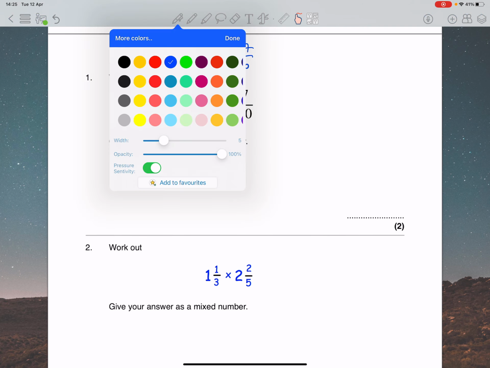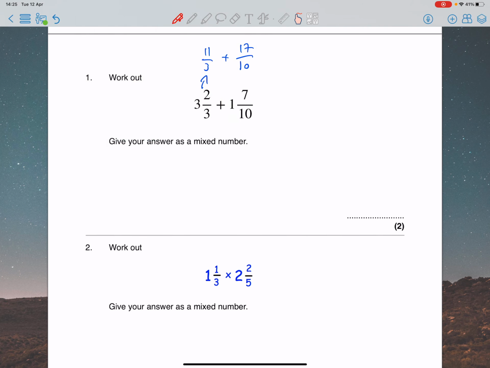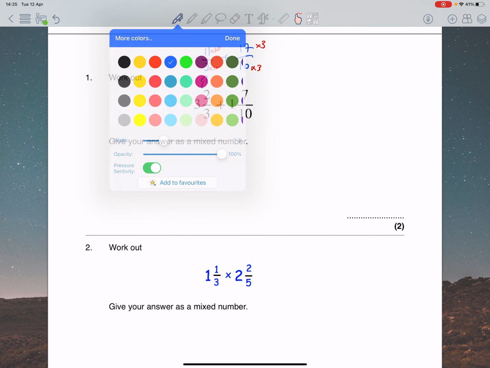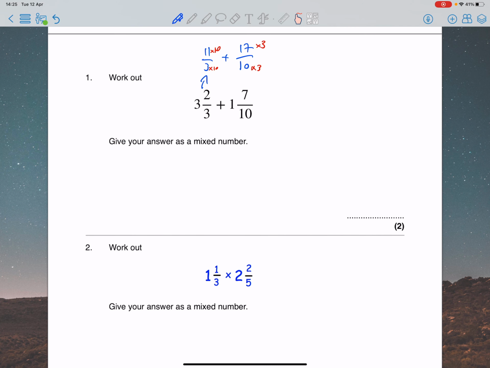Now, I'm going to make them have the same denominator, so I'm going to times this by 10 and that by 10, times the other one by 3, times the top by 3, and that's going to transform my question into 110 over 30 plus 51 over 30.